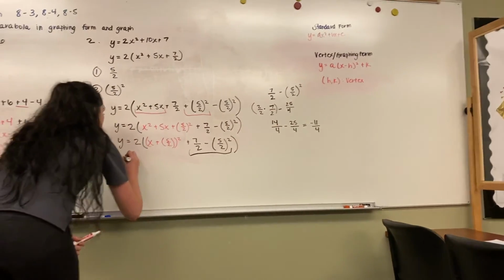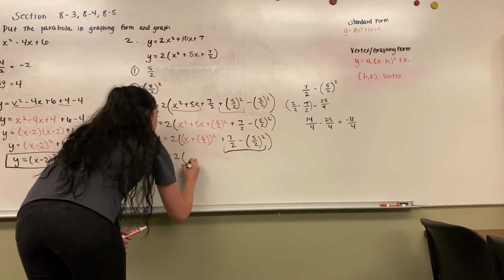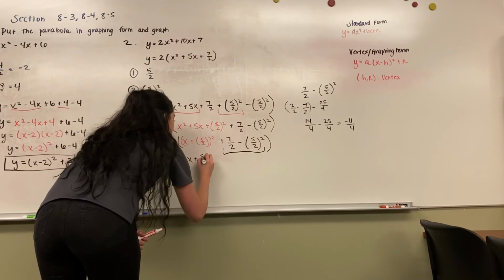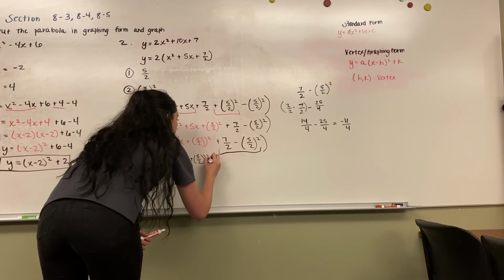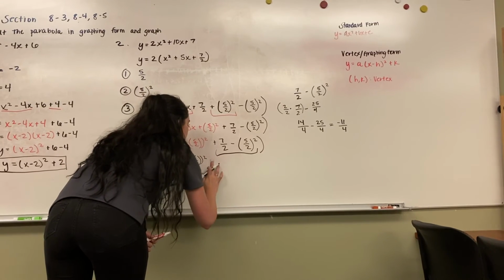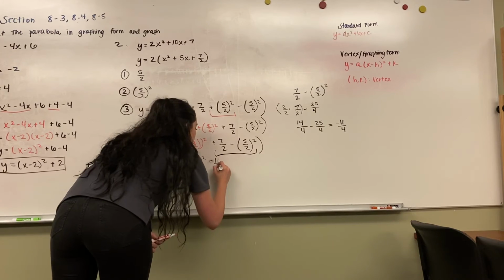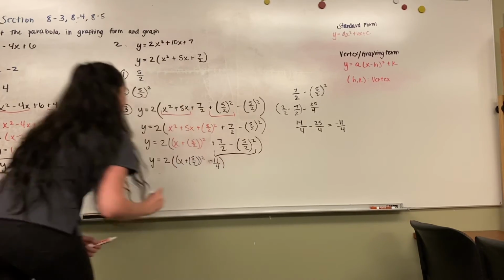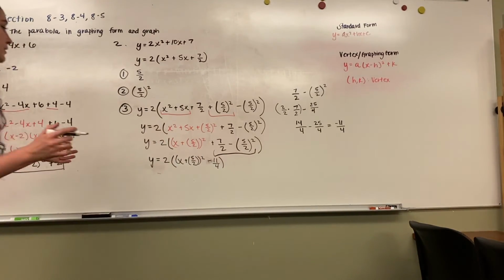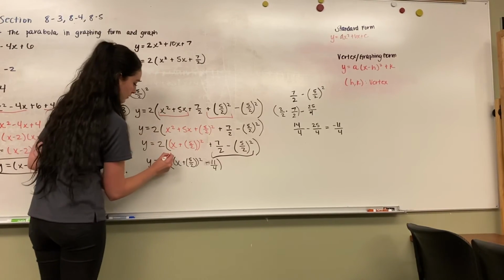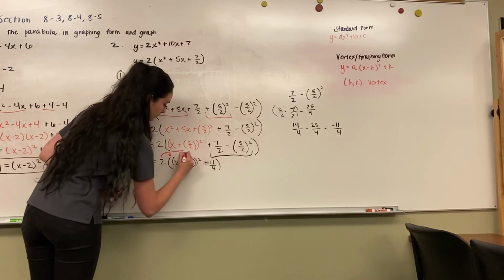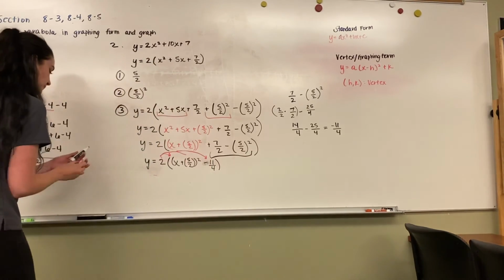So we're going to replace this whole chunk with negative 11 over 4. So I'm going to rewrite: equals 2 times x plus 5 over 2, that whole guy squared, minus 11 over 4. So we're almost done. The only thing that we have left to do is to distribute our 2 back in. Ooh. Distribute our 2.